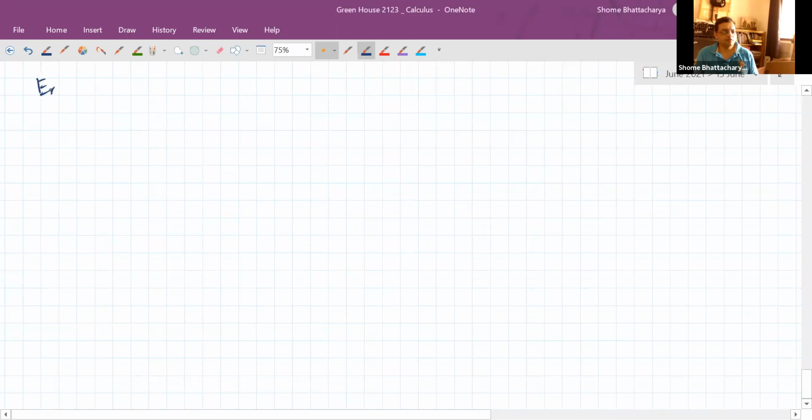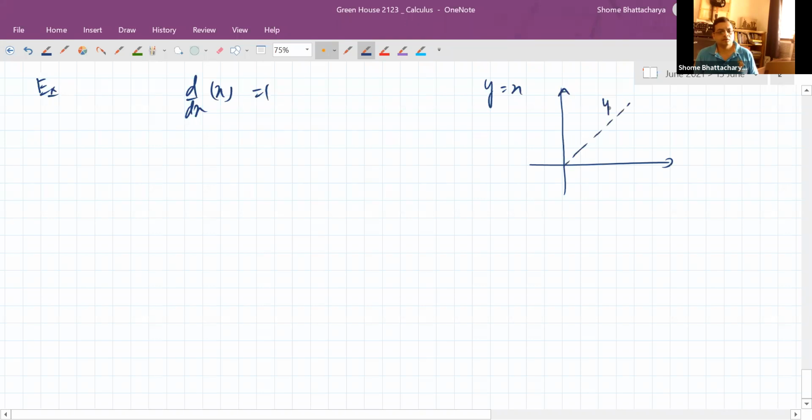Okay, so for example, you know that logically the differentiation of x should be 1, because y equal to x is basically a straight line whose slope is unity. So this has a slope equal to 1. So obviously this is okay. But now if you use product rule, differentiation of x square, you can also prove that it is 2x by using product rule.